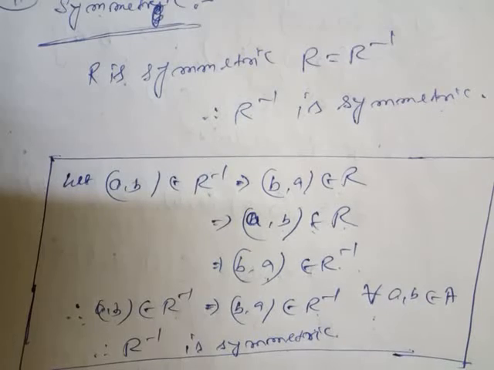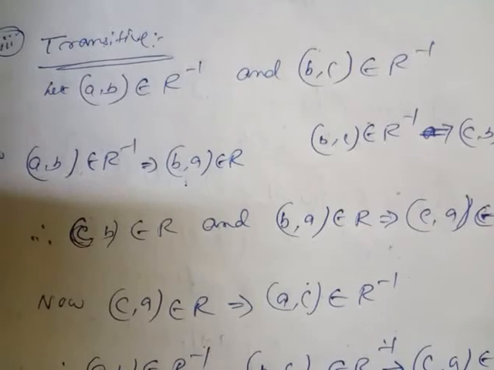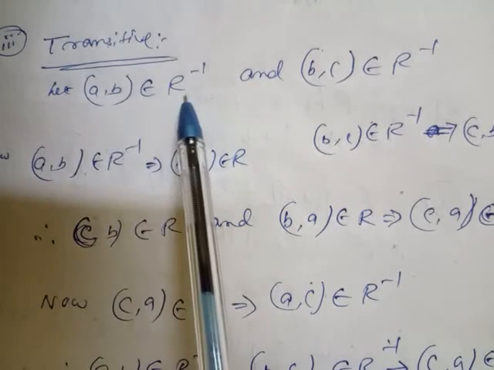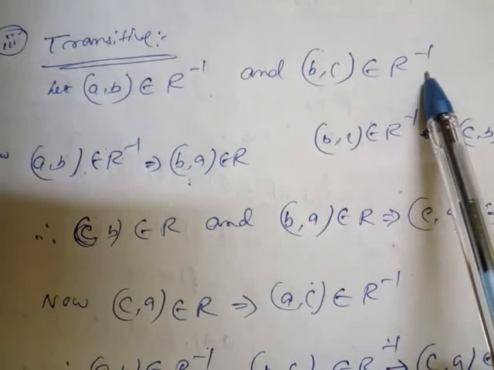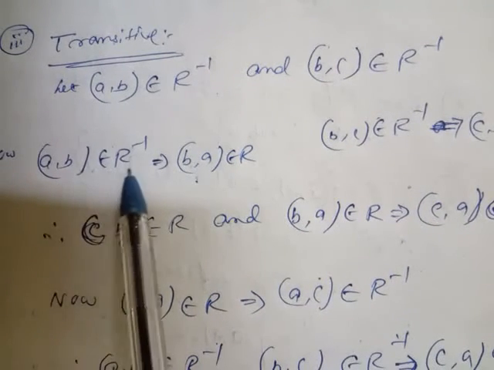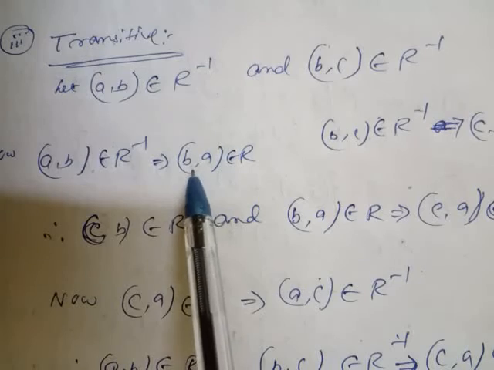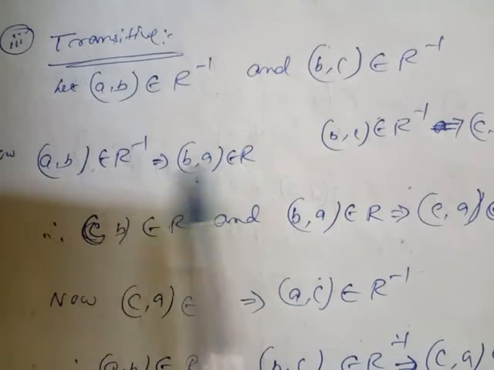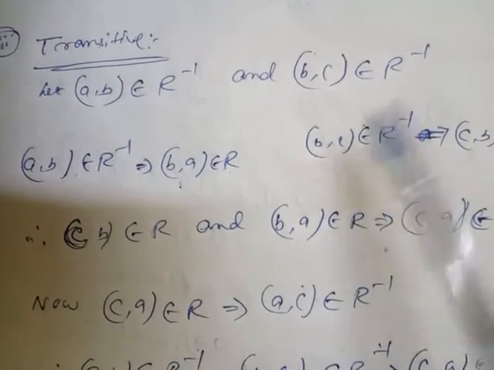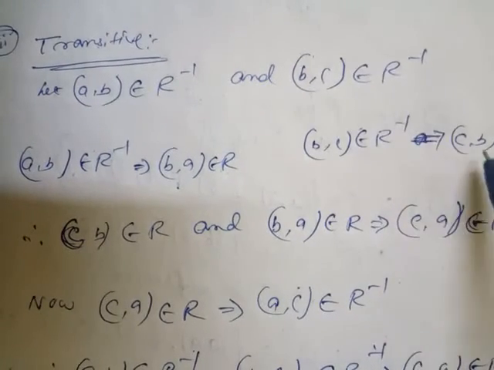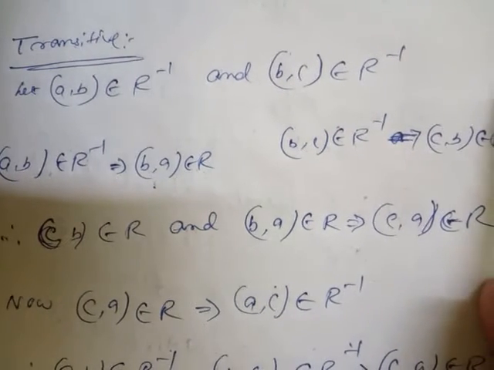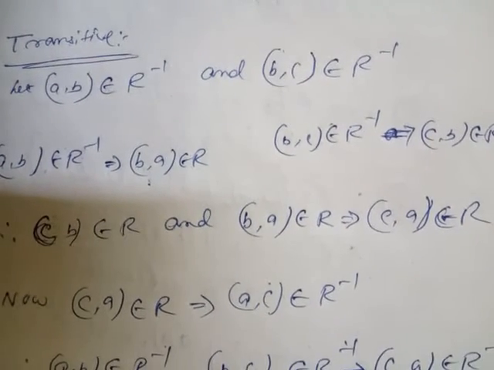Now look, the last one is transitive. Look student, transitive, now (a, b) belongs to R inverse and (b, c) belongs to R inverse. Now look, (a, b) belongs to R inverse, then (b, a) belongs to R. Similarly here also, (b, c) belongs to R inverse, so (c, b) belongs to R. Now look after that.